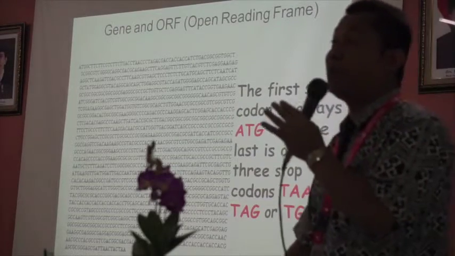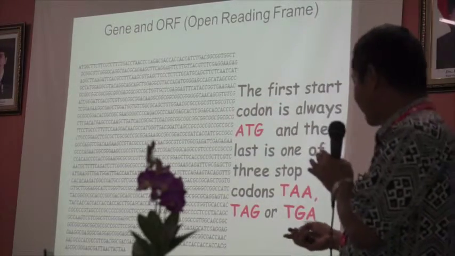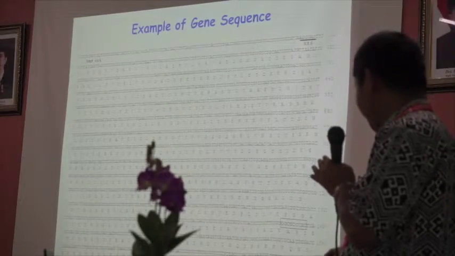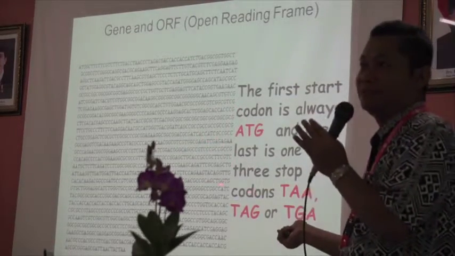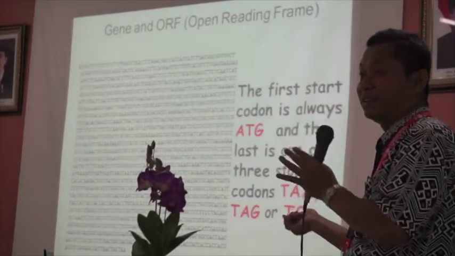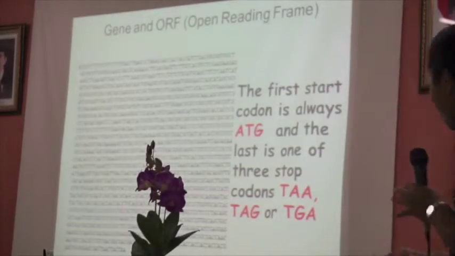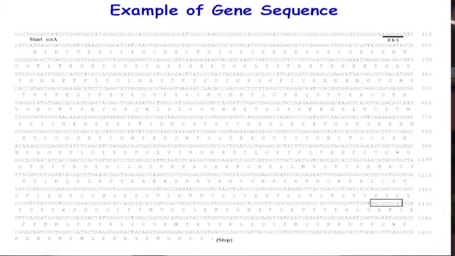Actually, there are still many DNA sequences that have the characteristics of a gene, but are not yet characterized. What is the function actually in this organism? Okay. This is an example of a gene sequence. This one is already characterized. There is the ribosomal binding site. There is the start codon ATG.